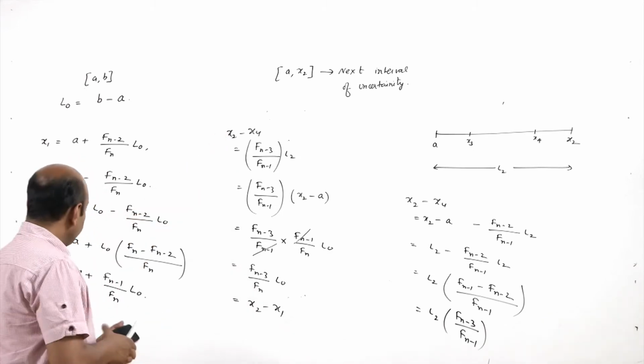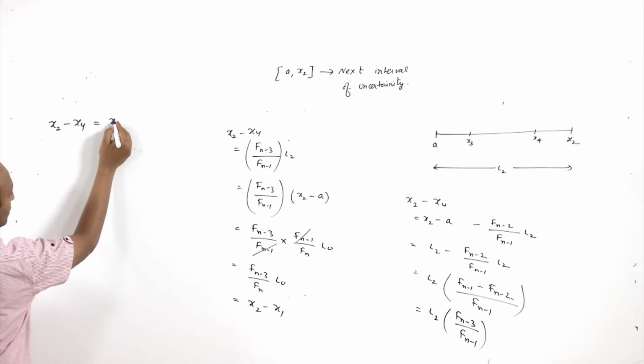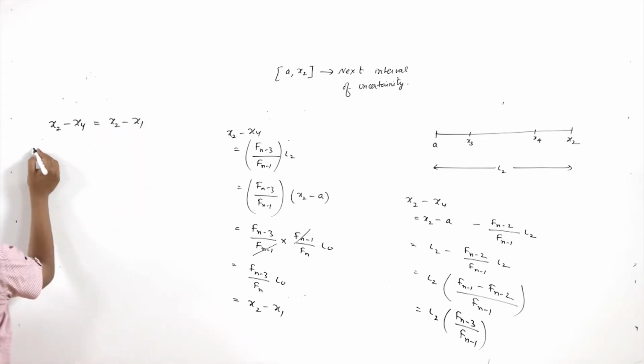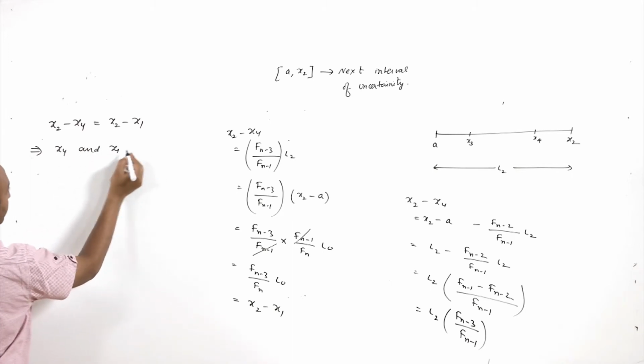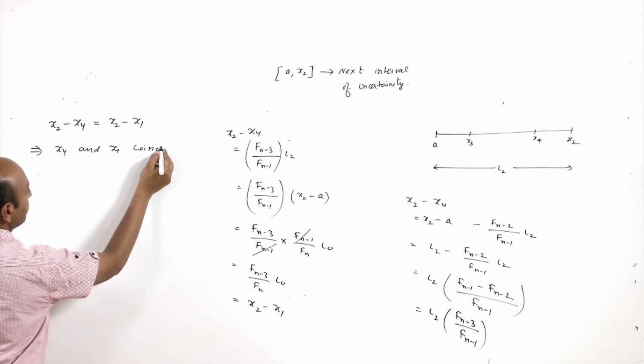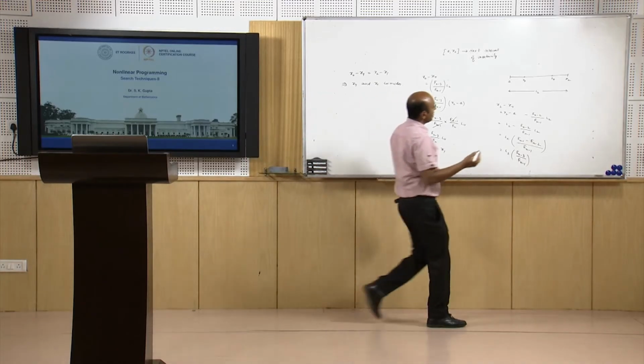We obtain that x2 minus x4 is equal to x2 minus x1. So, this implies x4 and x1 coincide. Okay. So, this x4 is nothing but x1 only.